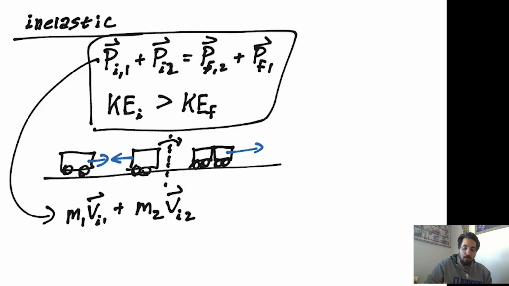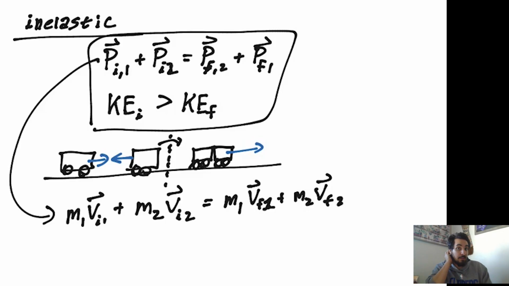That is our total initial momentum right there. And we're going to set that equal to mass of cart 1 times the final velocity of cart 1, not cart 2, and then add that to the mass of cart 2 times the final velocity of cart 2.